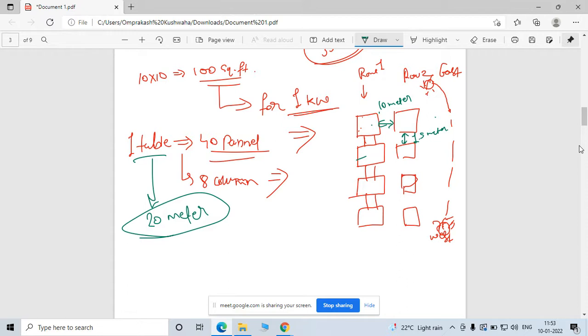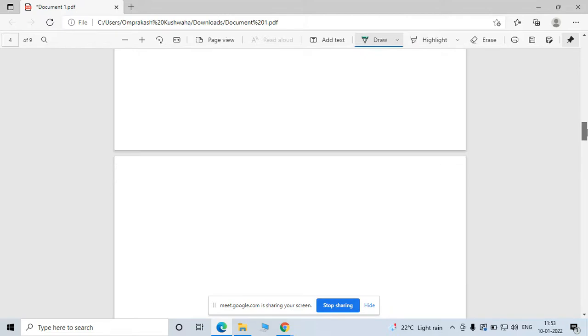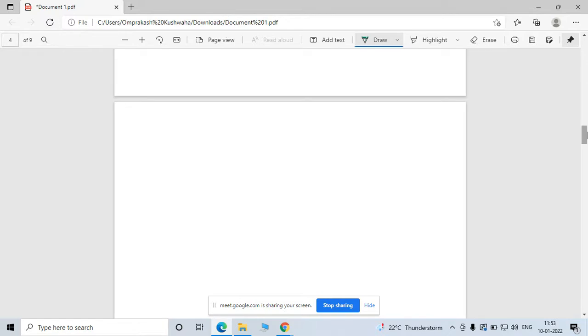Okay, now I will show you one SLD of how to couple the solar power plant with the consumer meter. Before that, you have to take permission from the MSEB, the Maharashtra State Electricity Board, and the MSEB doesn't allow you to install a solar plant exceeding the transformer capacity.